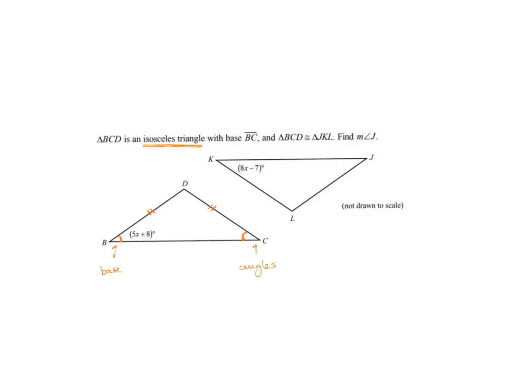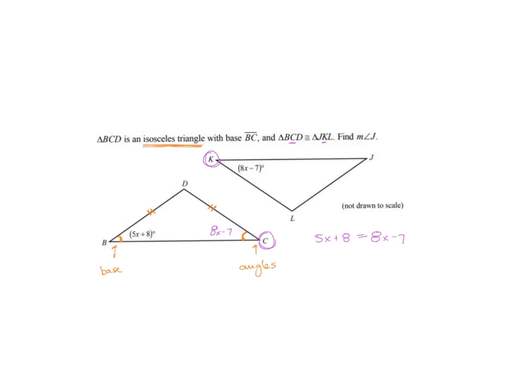They are equal to each other. So whatever B is, C is. And then the next piece is that K and C in your congruent statement are matching angles. So whatever K is, C is. And because those two base angles are equal, I could set them equal to each other.